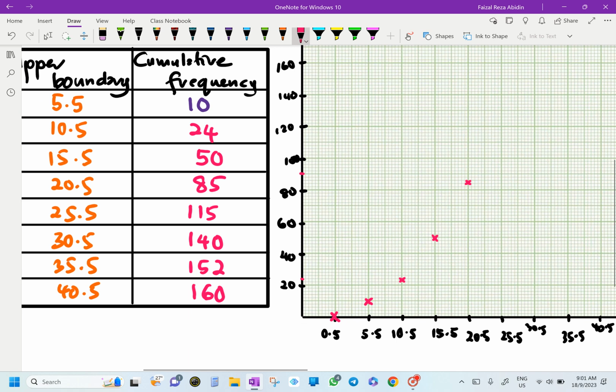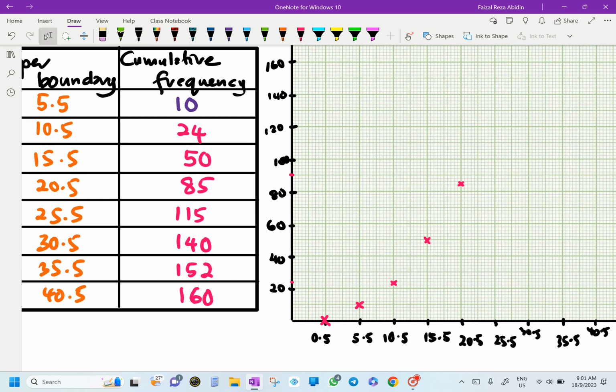25.5, 115. Middle between, because this one you are going to get 100 and 110. So it means that is going to be in the middle between 100 and 115 here. Okay. 30.5, 140 straight away, got 140. 35.5, 152.